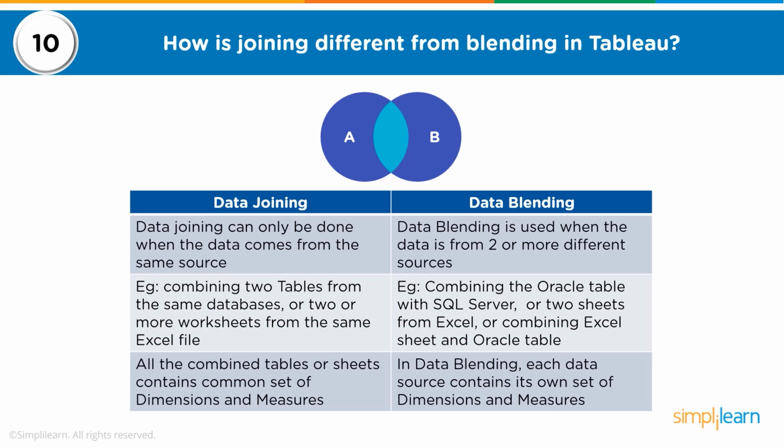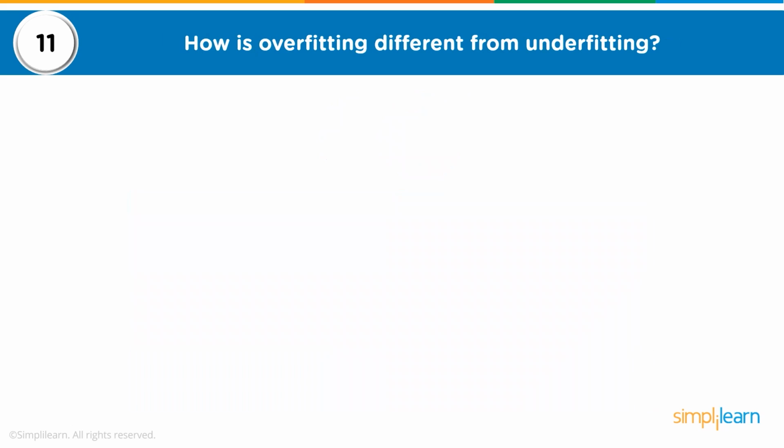Data blending. Data blending is used when the data is from 2 or more different sources, like combining an Oracle table with a SQL Server, or 2 sheets from Excel, or combining an Excel sheet and an Oracle table. In data blending, each data source contains its own set of dimensions and measures.